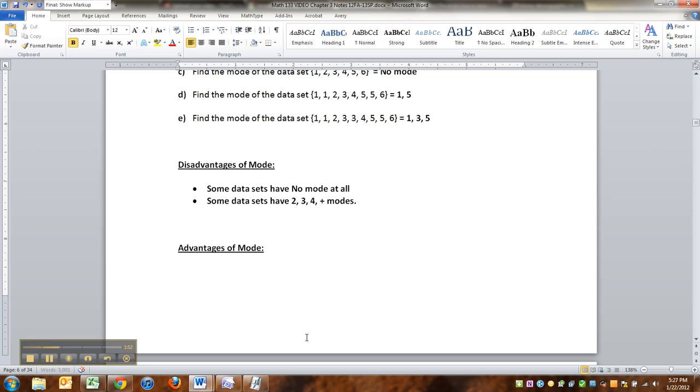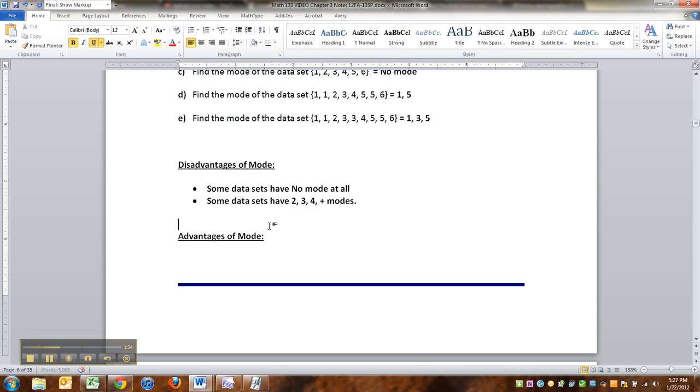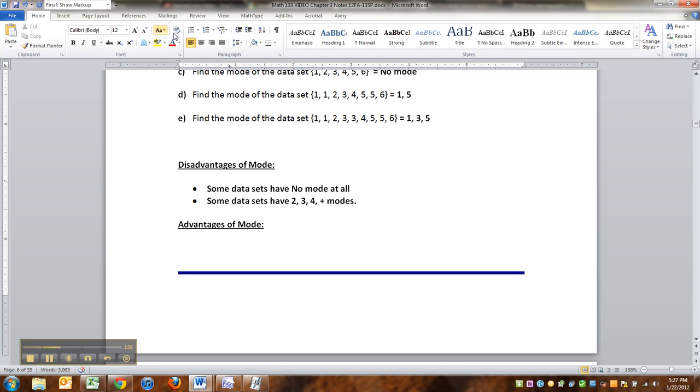So let me go down here. Advantage to mode. Mode is the number or data point that occurs the most often, so it's easy to find and or calculate.